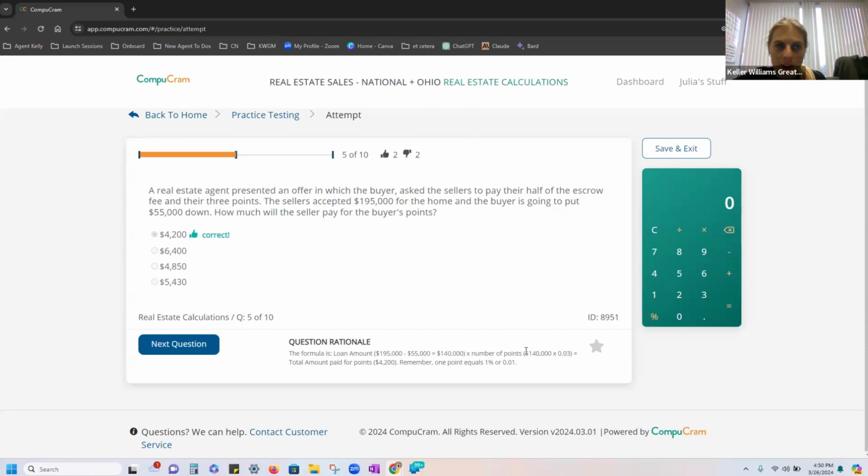Since they're putting $55,000 down in cash, they only need a loan for $140,000, and they are getting 3 points. So 140,000 times 3% equals $4,200. So 1 point equals 1% or 0.01.